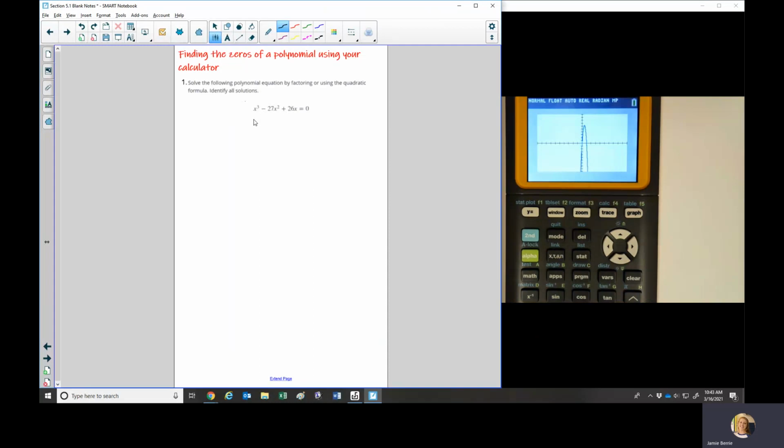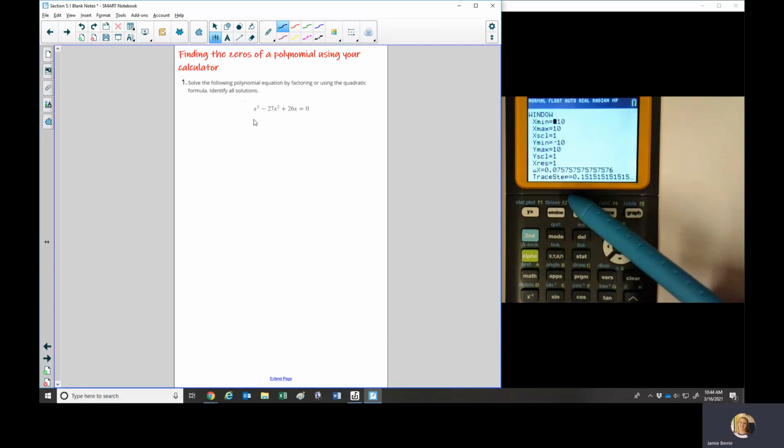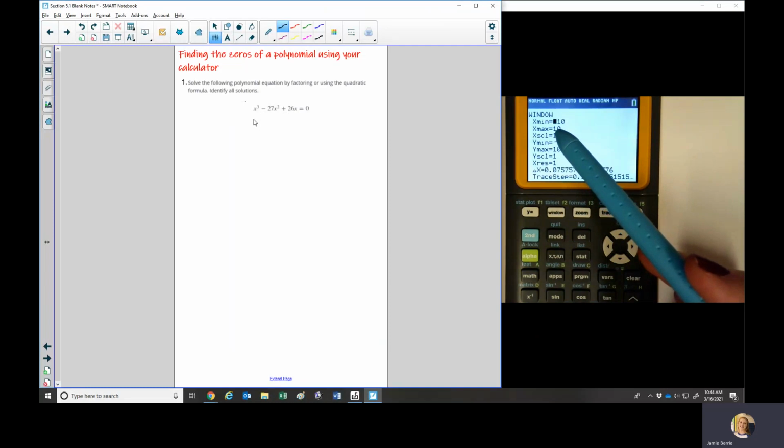Now this is a third degree polynomial, which means it should have 3 solutions, or at most 3 solutions, but right now I'm only seeing 2. So the solutions are where it crosses the x-axis. So it looks like we might need to zoom out a little more, so we can see that last solution. So let's go to the window, and we're going to move our x max.